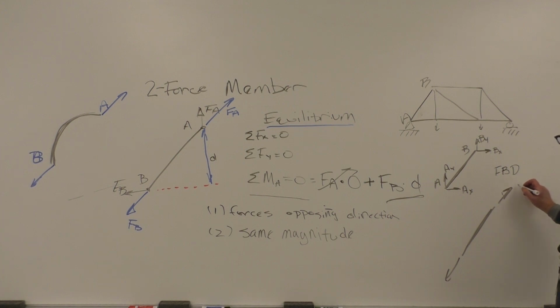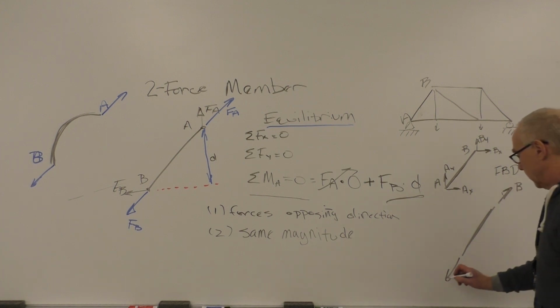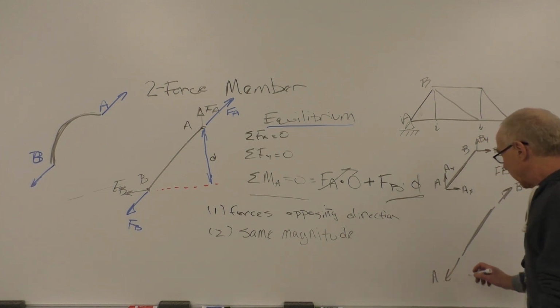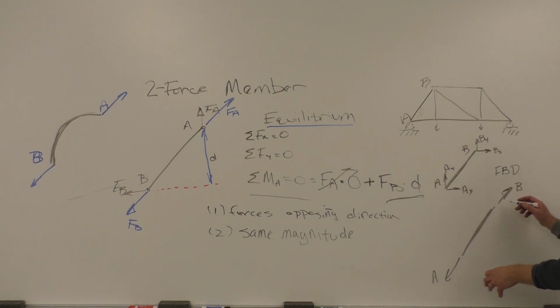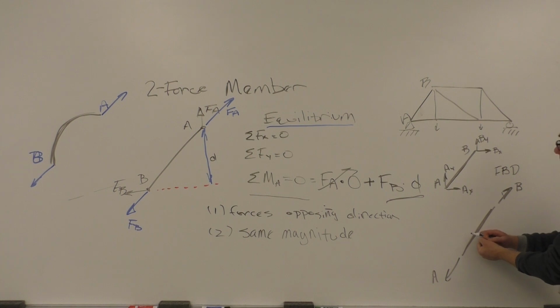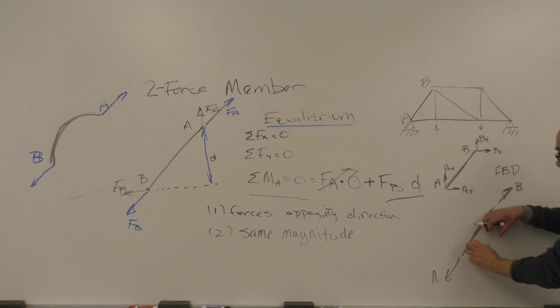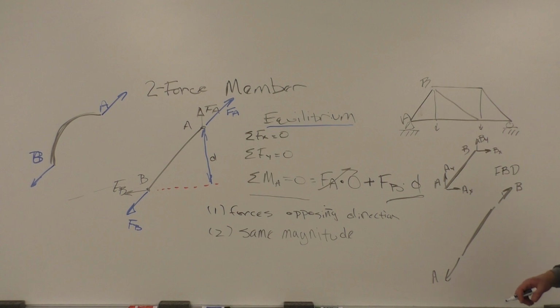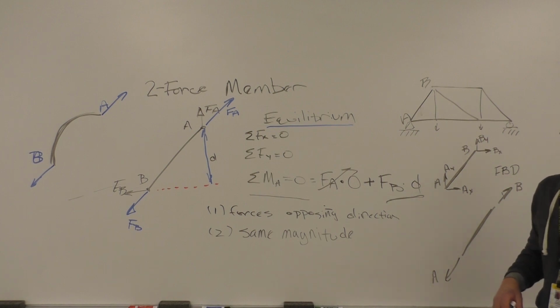And this one we'll just call force B and force A. We know actually the angle, and we just have to calculate the magnitude of the forces. And this member we know to be, we call this pure tension or pure compression, because there's no bending to it. So that's the sort of interesting analysis of two-force members.